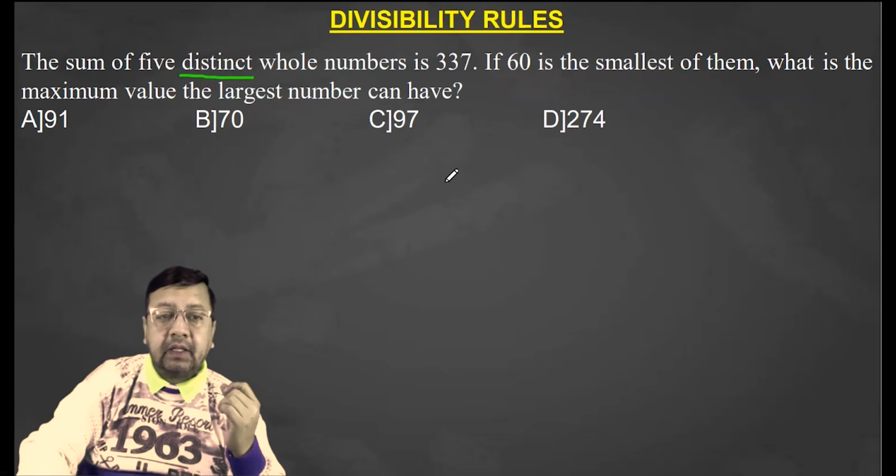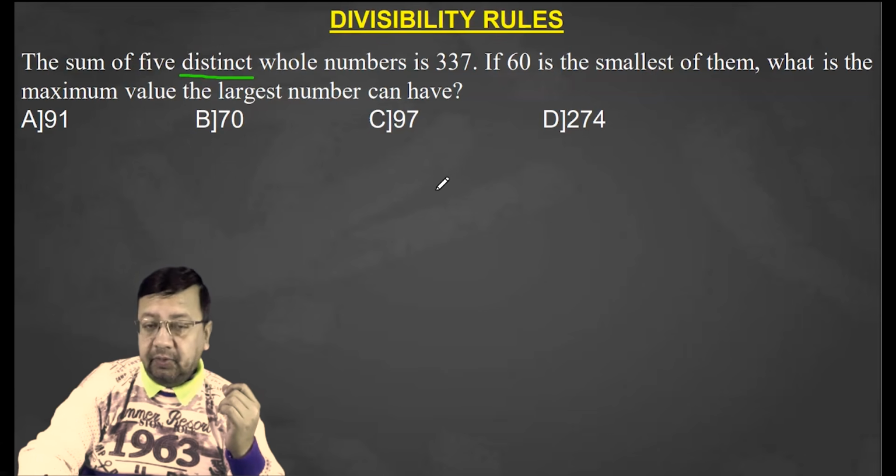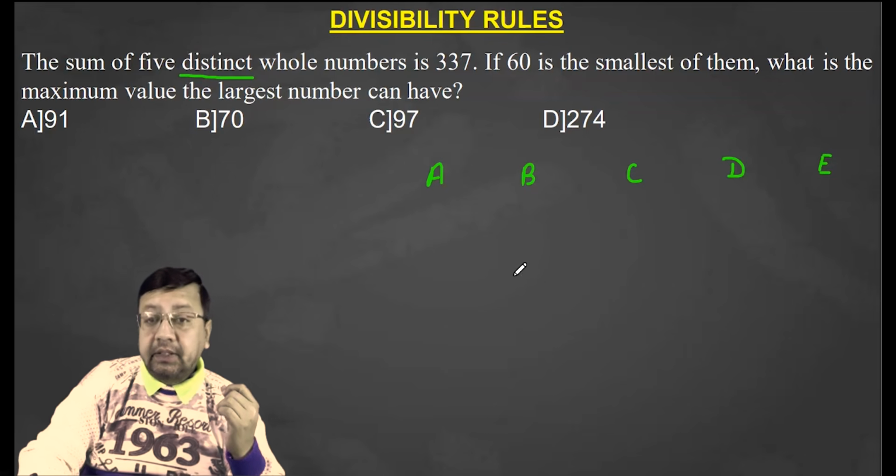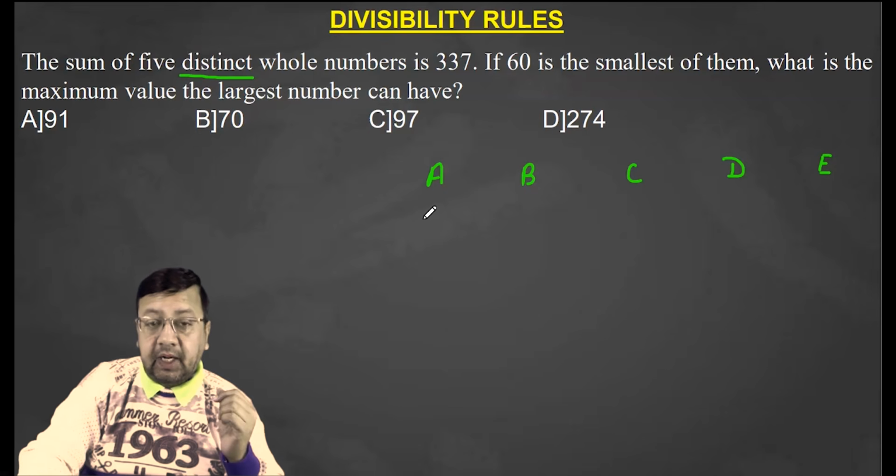Just here. They are saying five distinct whole numbers. So A, B, C, D, and E. Right? These are the five distinct whole numbers. This says the smallest number is 60. So I consider A as the smallest one and take its value as 60.